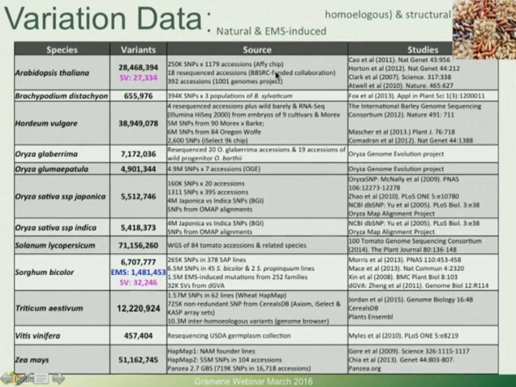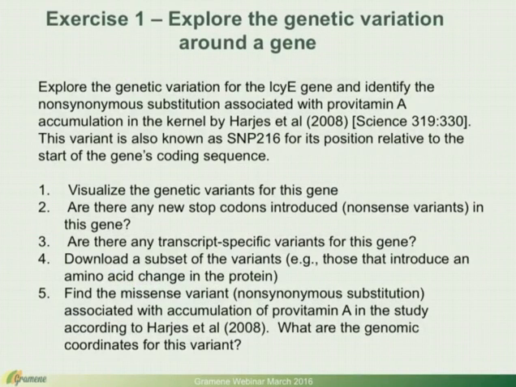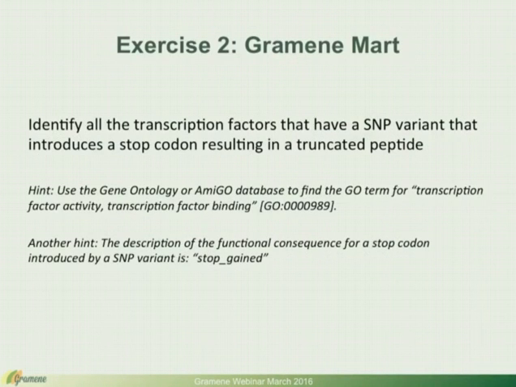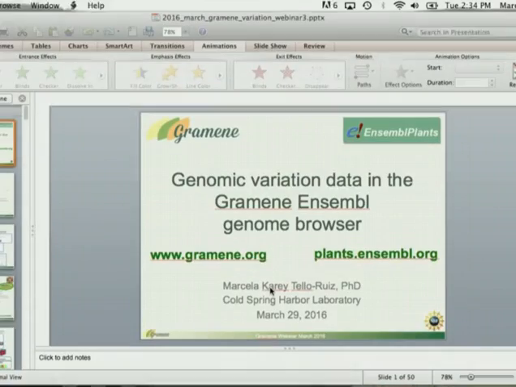Here are the source and the reference for those studies where the data came from. And at the end of my slides, you'll have a couple of exercises that you can do on your own and see if what I just showed you was useful.